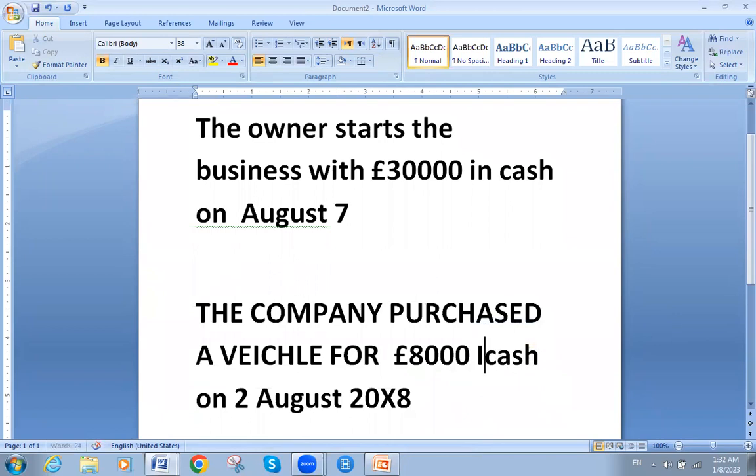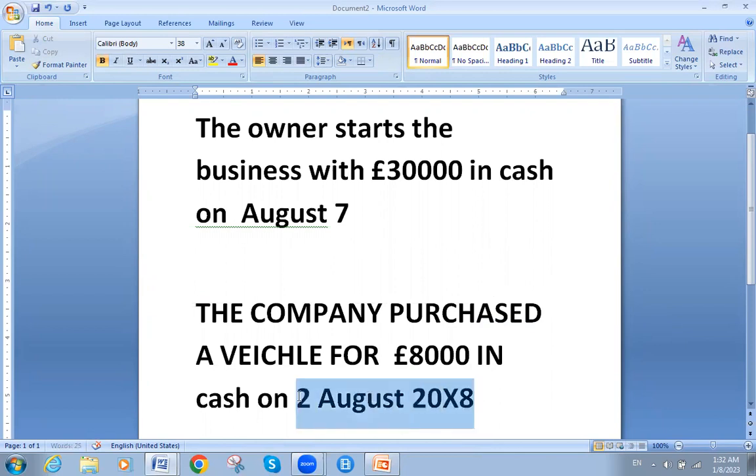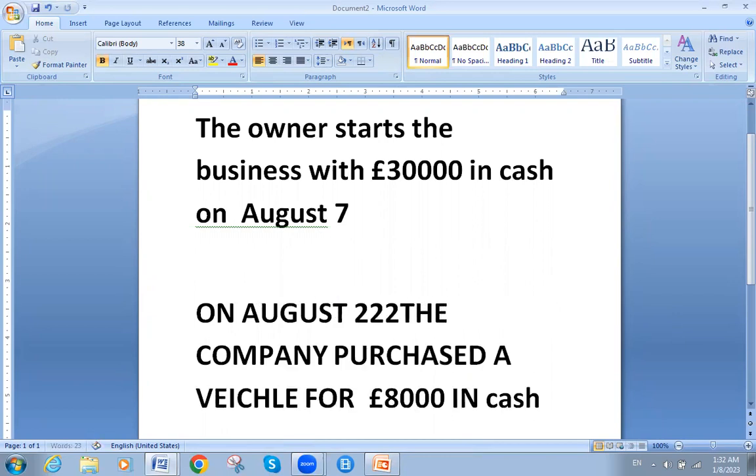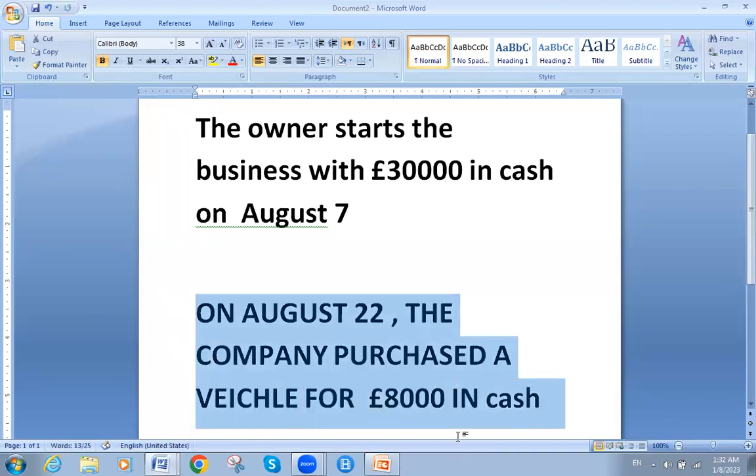And the words "in cash" are very important, because we'll see after this transactions made not in cash. So on August 22, the company purchased. So this transaction, we will do it right now.